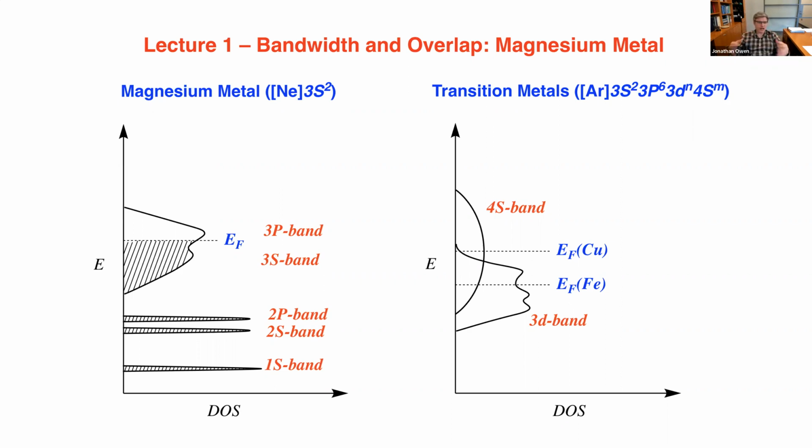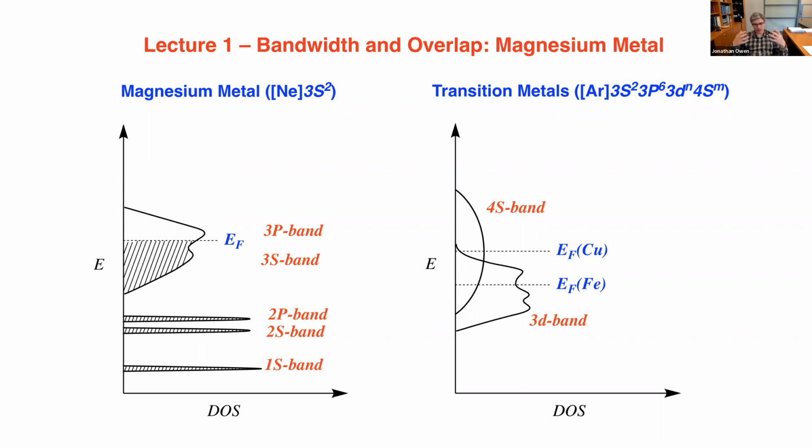In a piece of copper or a piece of iron, those orbitals interact. The 4s and the 3d orbitals interact with each other, and you get bands of the 3d levels and the 4s levels. Depending upon which transition metal you're looking at, the number of electrons changes, but the band structure doesn't really change a whole lot because you're dealing with the same orbitals to begin with.